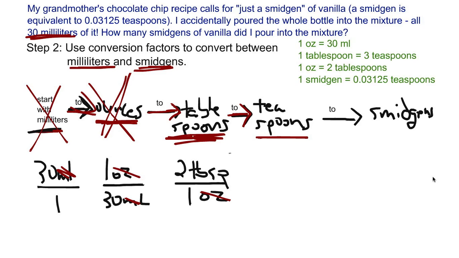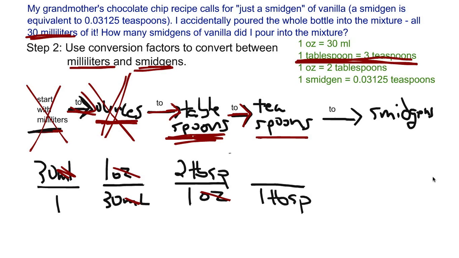So which one of the green givens is going to give us that? Well, if we look here, we see tablespoons being set equal to teaspoons. So we can use that. The conversion factor is the one that puts tablespoons on the bottom. So we say 1 tablespoon.